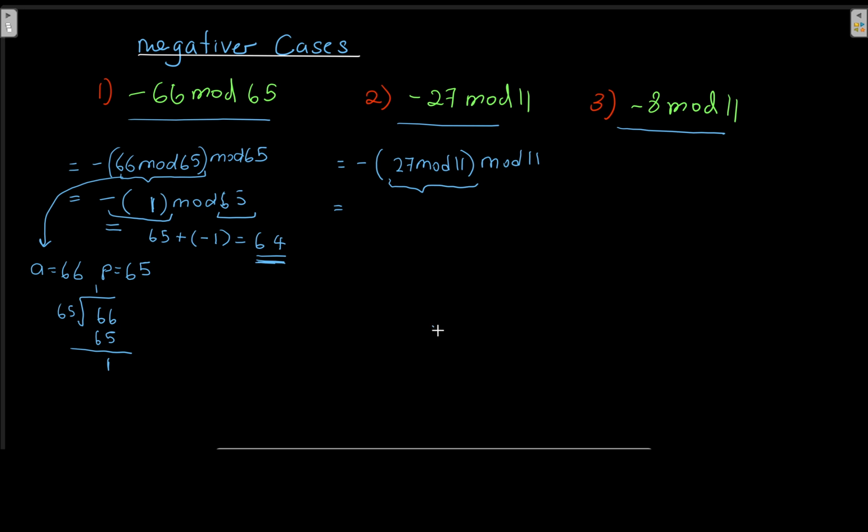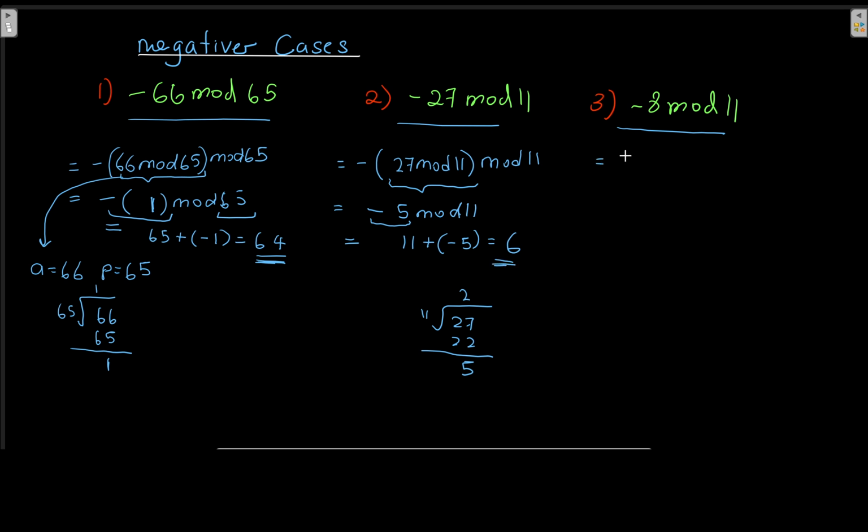So 27 mod 11 would be 22, which leaves 5. So minus 5 mod 11. Now you add the value of P to this minus 5, so it would be 11 plus minus 5, which is 6. So this is the final answer.